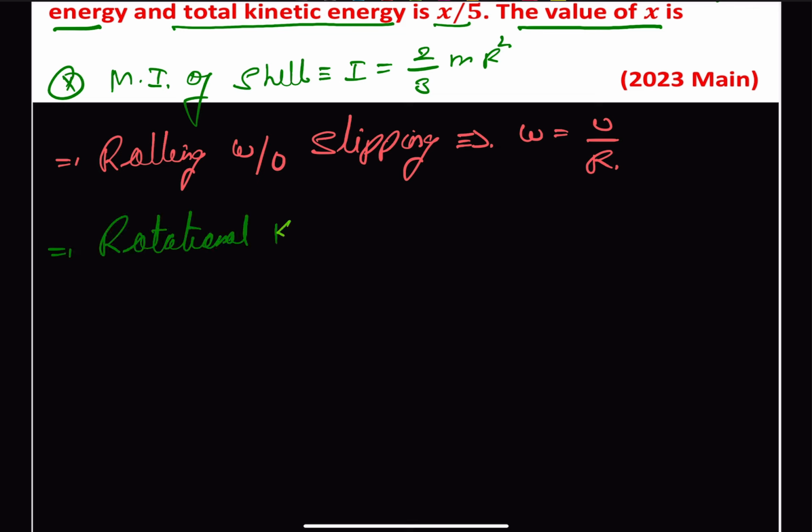Rotational kinetic energy, let us call this K rot, is equal to half I omega square. So this comes as half times 2 by 3 mr square, times v upon r whole square.